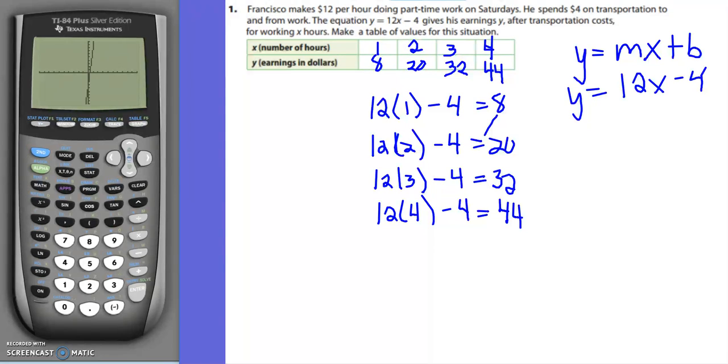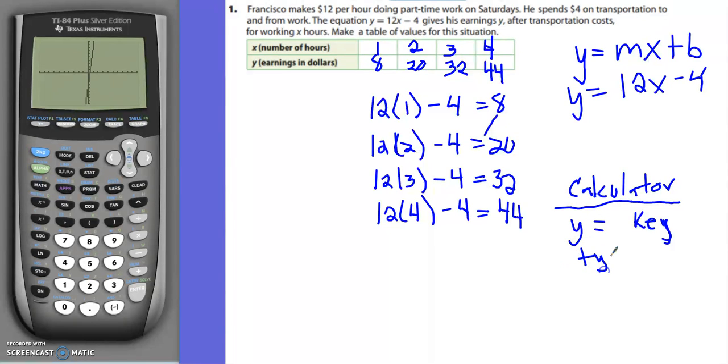Okay, so if you want to use the calculator to type it in, we have the y equals key, which is in the top left. You're going to type the equation.